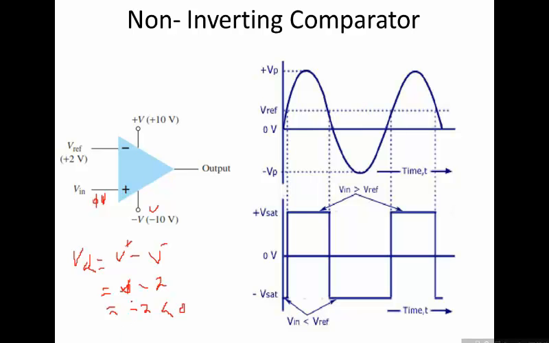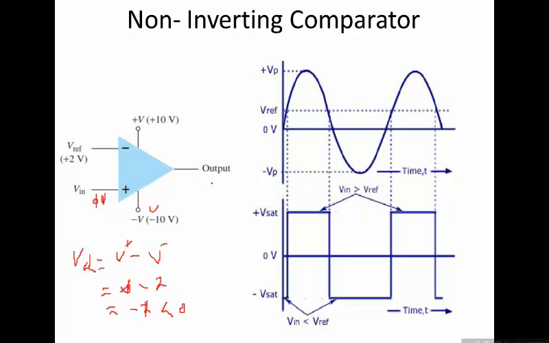So the answer would be 1 minus 2, which is minus 1, and still it is less than 0. So as VD is less than 0, the output would still be negative, minus Vsat.